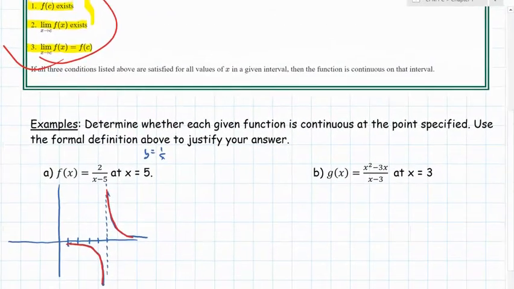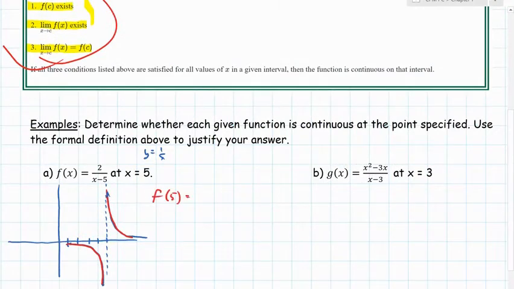So let's look at part 1. Does f of c exist? If I try to calculate f of 5, that would be 2 over 5 minus 5, so 2 over 0. That is undefined.